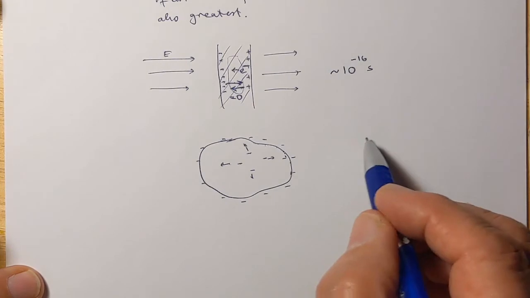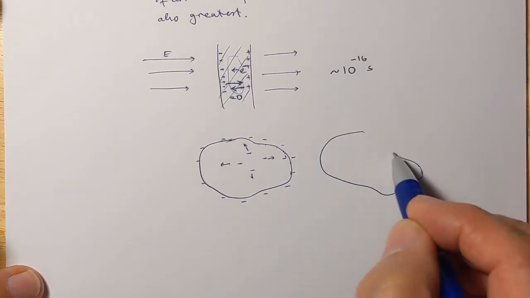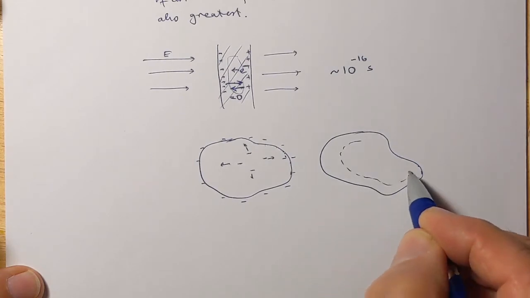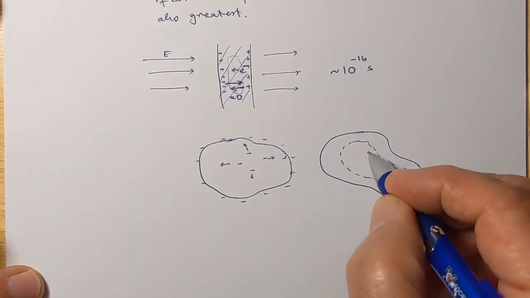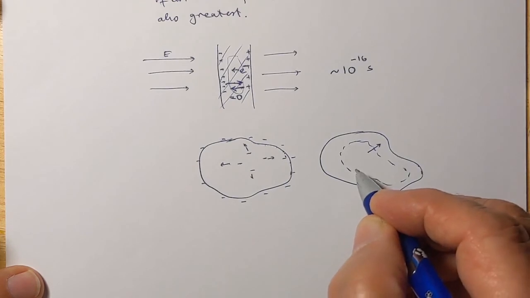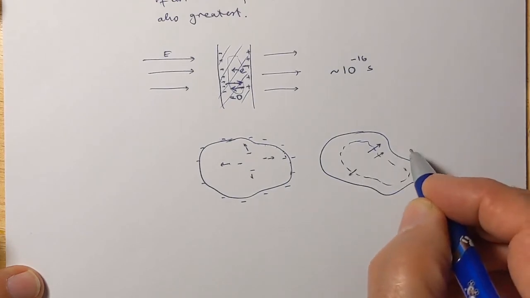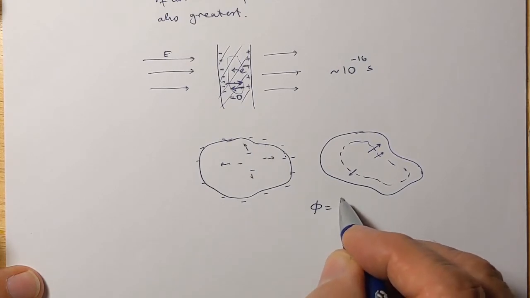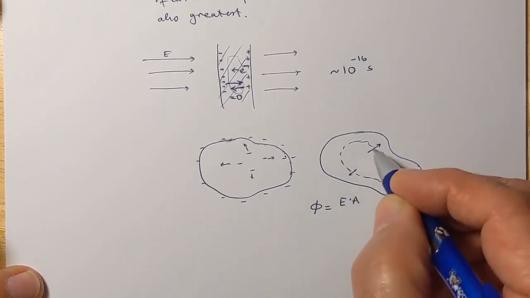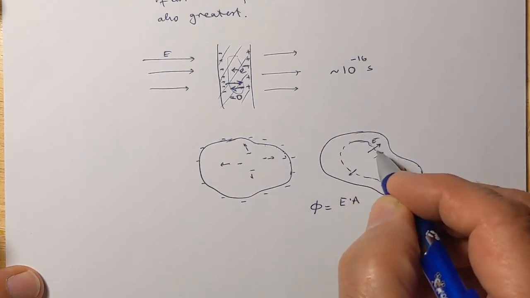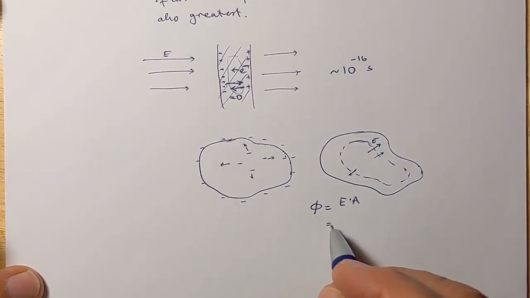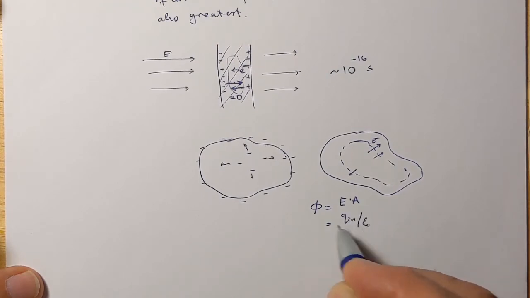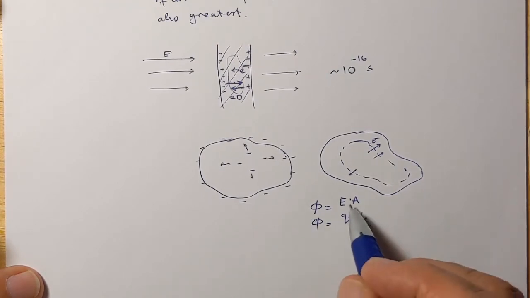We can also see this by Gauss's law. Suppose this is our conductor. We make a Gaussian surface and look at the flux leaving this Gaussian surface, which is E dot A, the electric field times the area. That is equal to Q in over epsilon naught by Gauss's law.